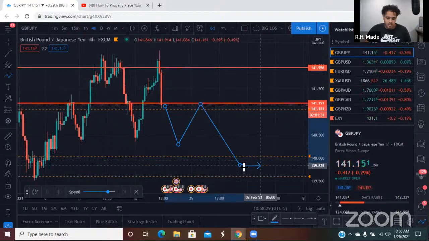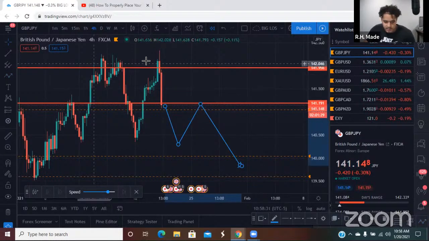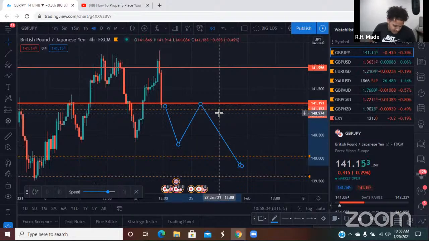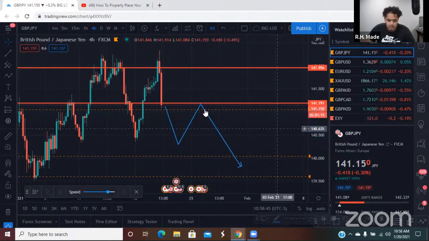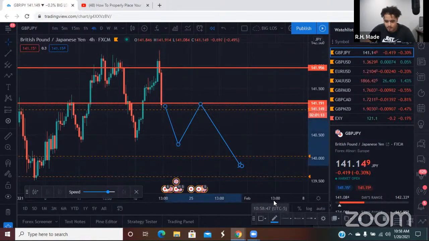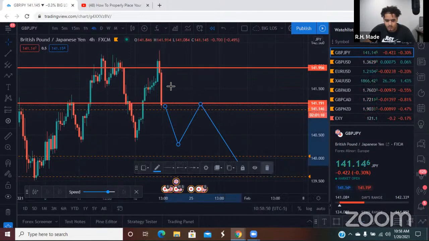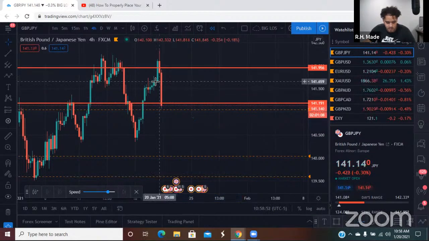If you missed your entry already, just wait for the retest, a lower high to form, and then you can get in. That's probably going to happen later tonight, for both of them. Let me see when this drop happened. So yeah, this was 5 a.m.